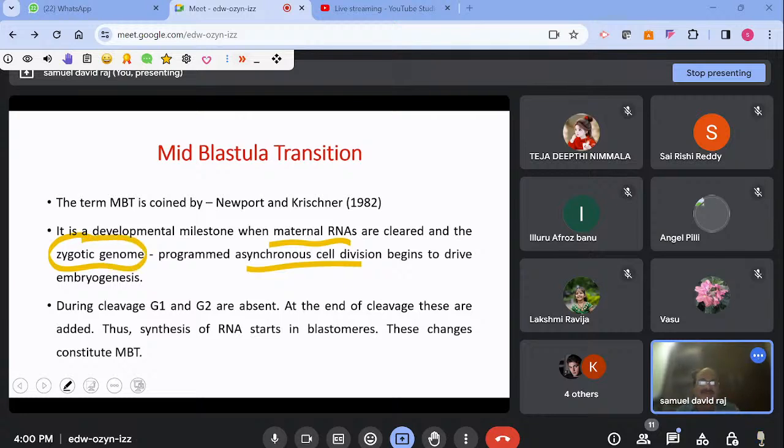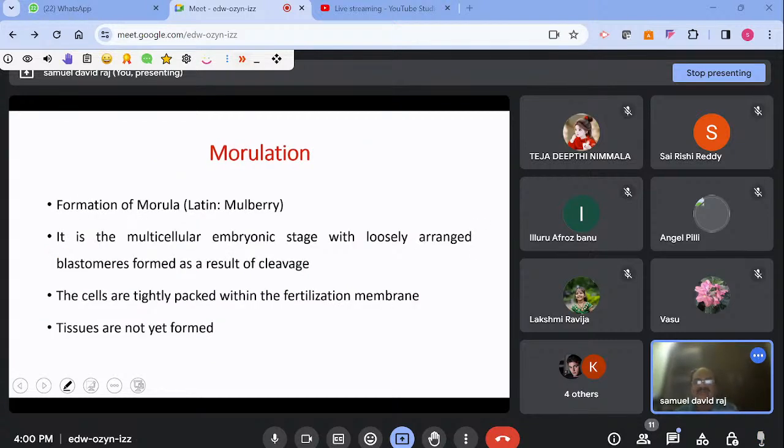It is not directed by the mRNAs, heat shocked mRNAs, and the masked mRNAs. They are not present now. All the mRNAs are said to be synthesized by the nucleus of the zygote, the chromosomes present in the nucleus of the zygote itself. These are programmed by the zygotic genome. And this transition is what we call mid-blastular transition.